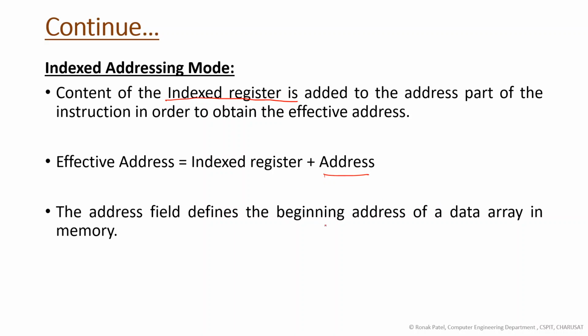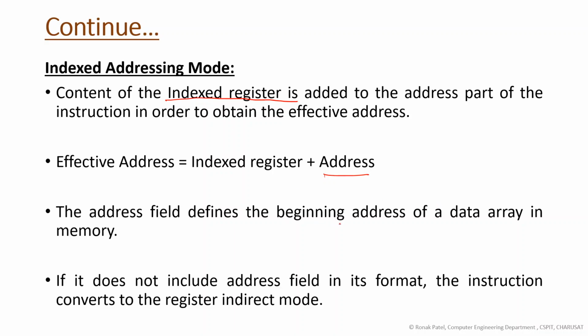If it does not include an address field in its format, the instruction converts to the register indirect mode, because now we are accessing from a particular register, since there is no address field. So what is your effective address? It is the index register from where you will get the operand, or you will get the address from that register.